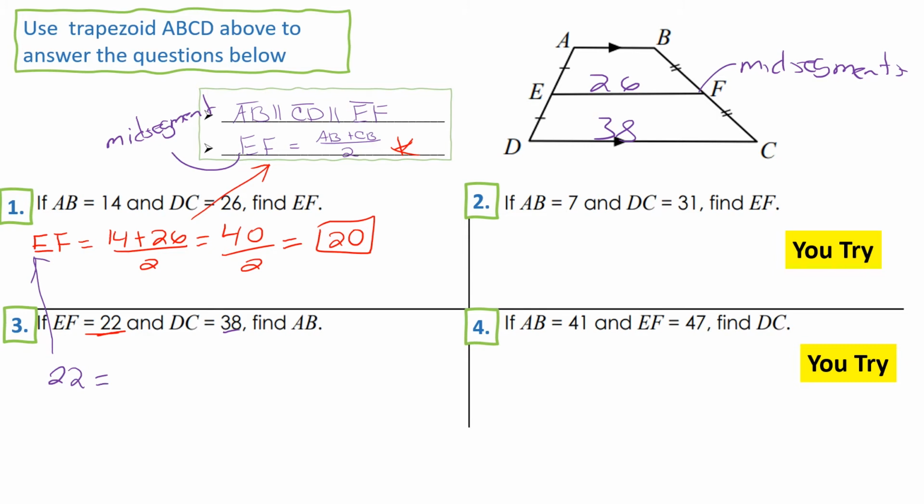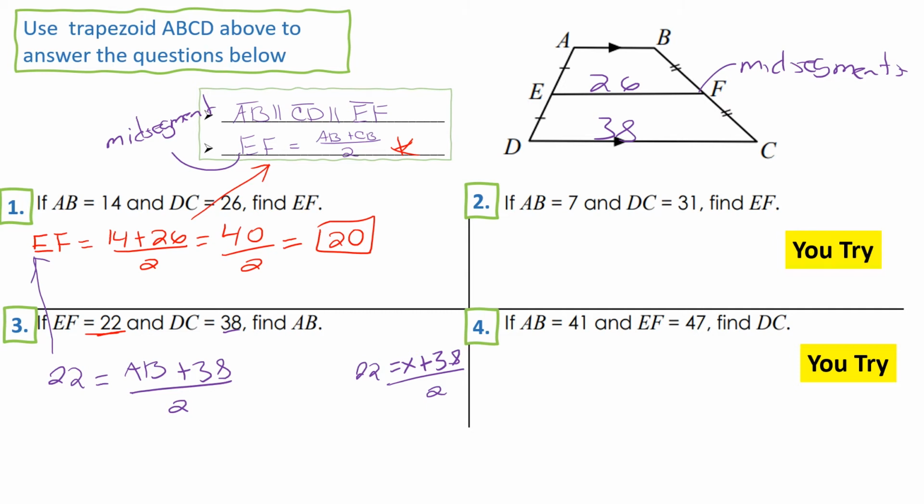And then it would be AB plus CD, so we could say AB plus 38, divided by 2. And I could put a variable here, it doesn't matter. I could also write it as 22 is equal to x plus 38 over 2. But it doesn't matter, right? Because you're just looking for the unknown.